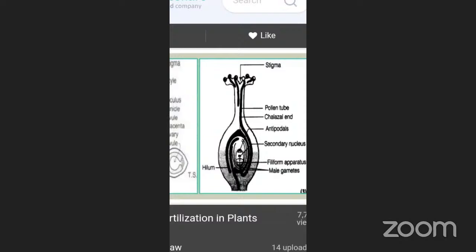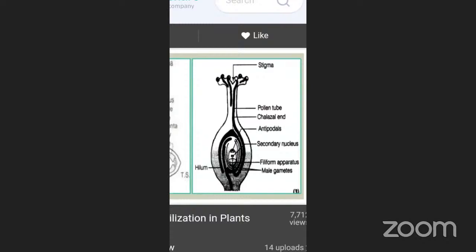The pollen tube reaches the base of the style guided chemotropically. Chemotropically means chemical substances are there, such as the concentration of sugar, calcium, boron, and some terpenoids. Based on this attraction, it is called chemotropic.